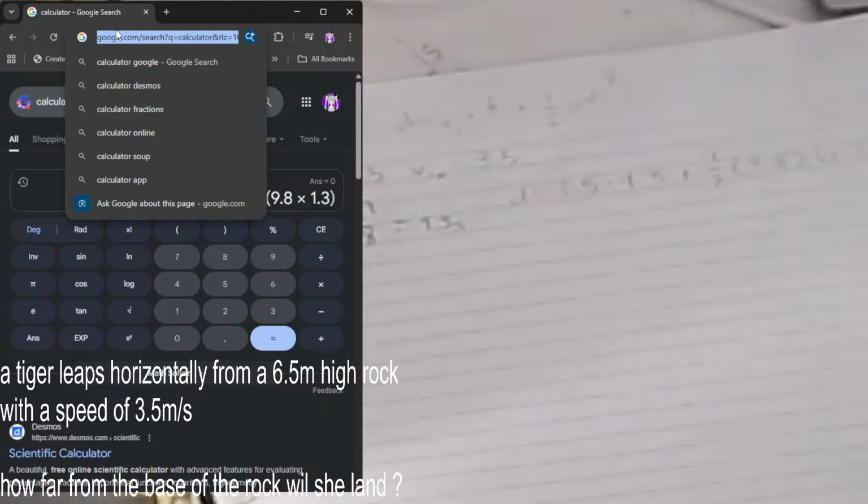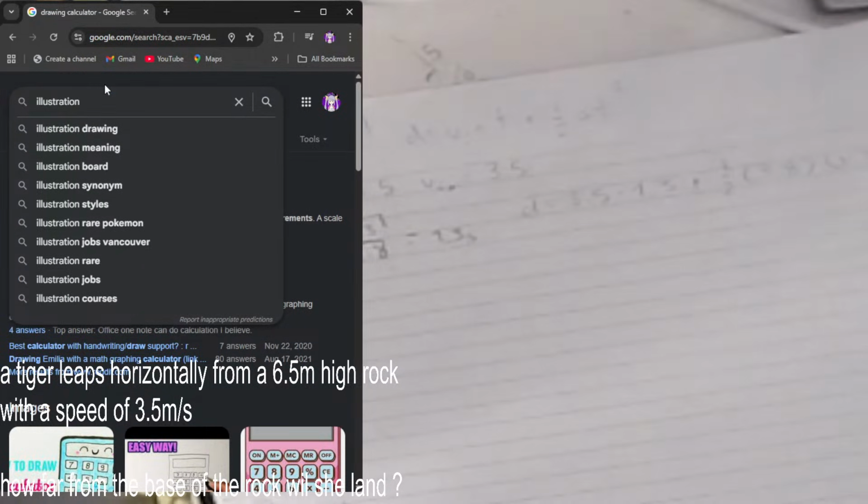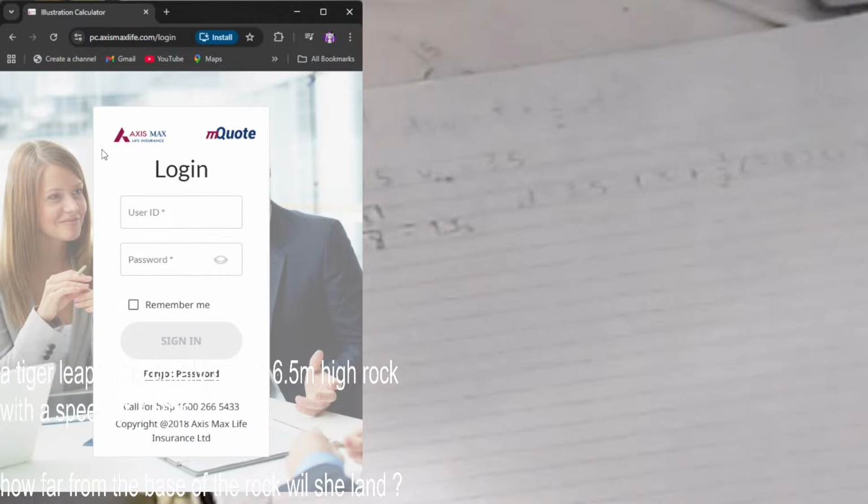Drawing calculator. No, I want to be able to draw my numbers, and then have it do that instead of this stupid calculator. How do I phrase this? Illustration calculator. This? Why do I need an account?